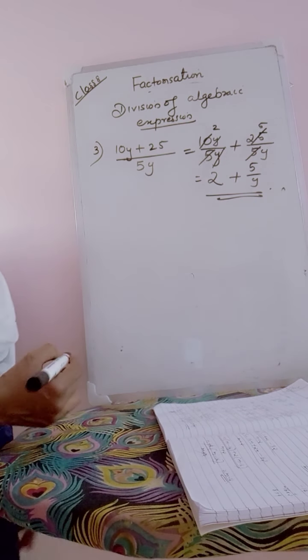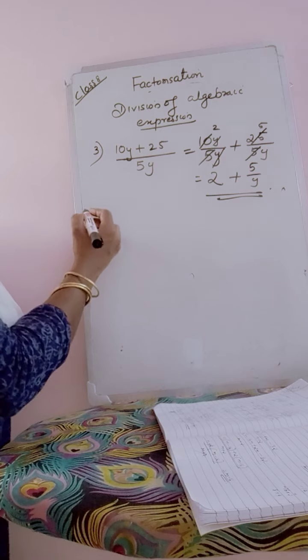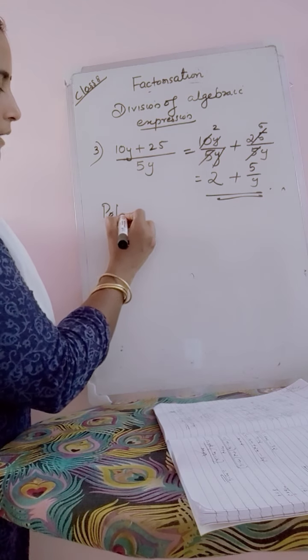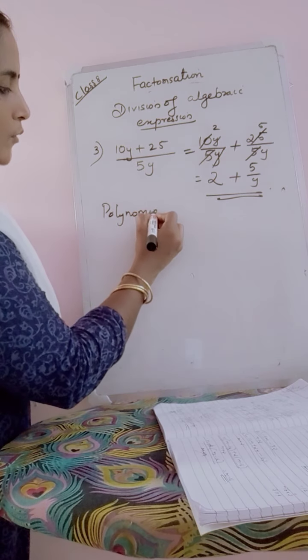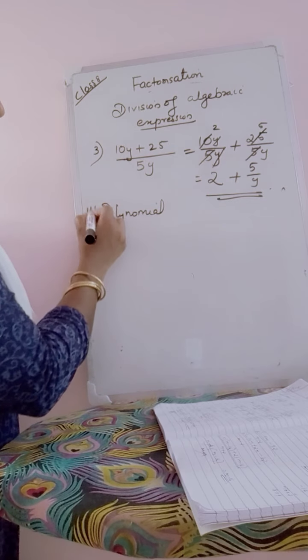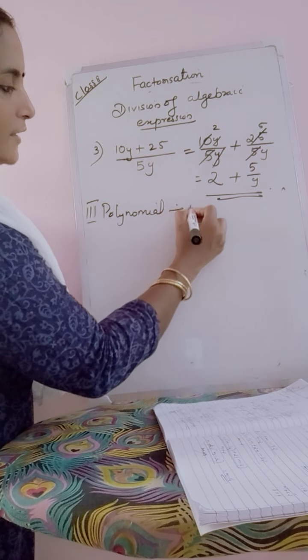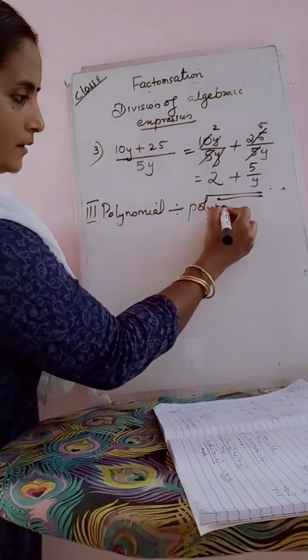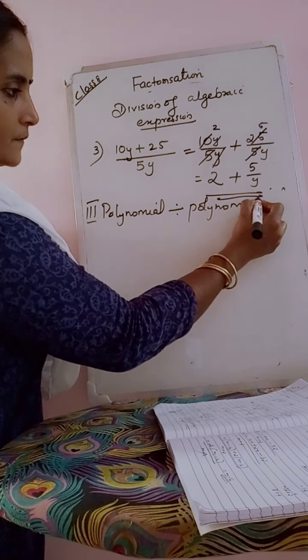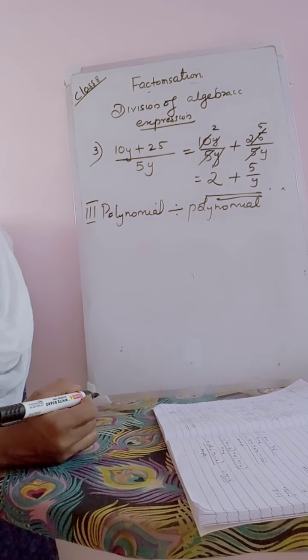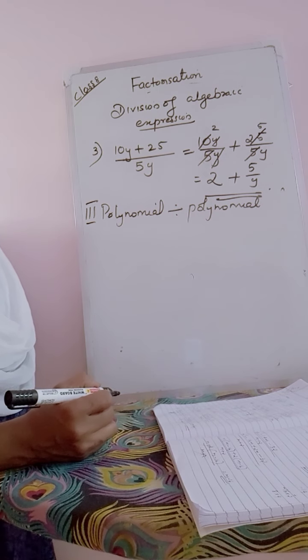Okay. Then the next one is case 3, polynomial divided by a polynomial. Okay, polynomial divided by a polynomial.